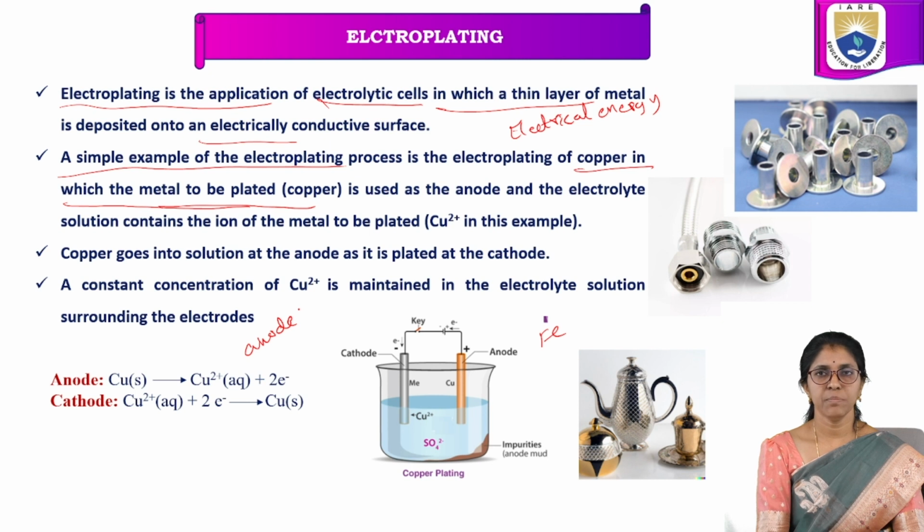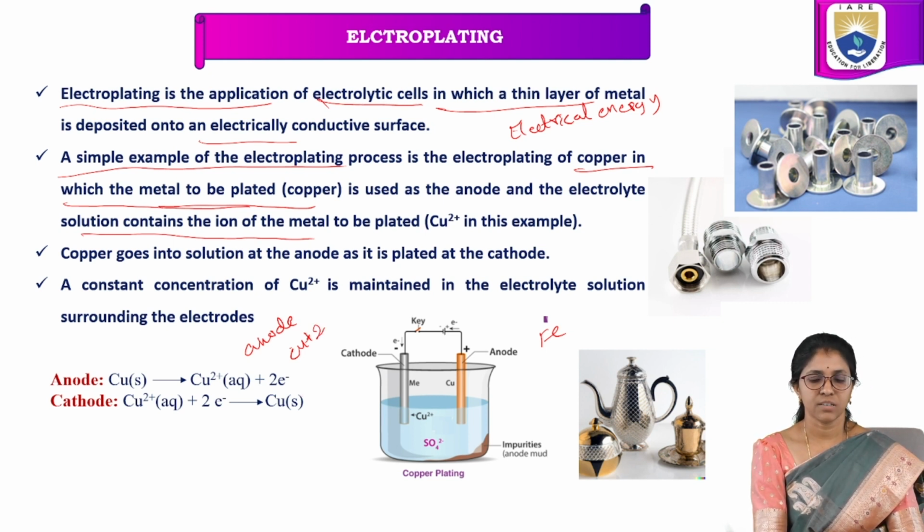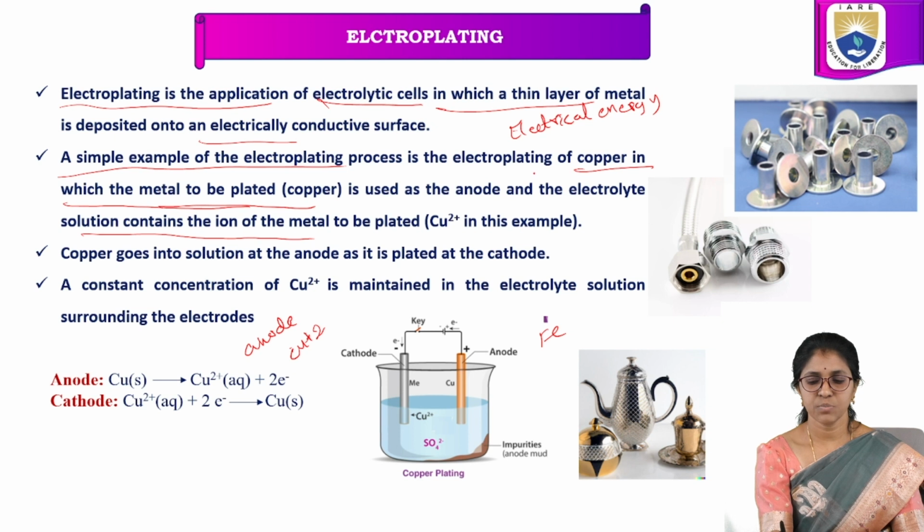The metal to be plated is used as the anode, and the electrolyte solution contains the ion of the metal to be plated. Here we are coating a copper plate, so first we have to use an electrolyte containing Cu2+ ions.